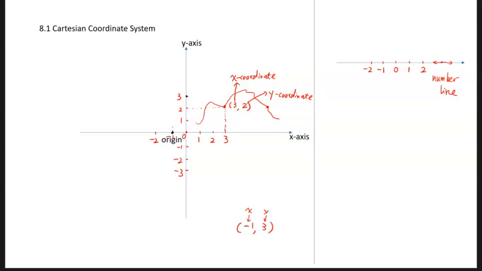We look at the intersection of these two, and that gives us a point that would be the location of -1 and +3.